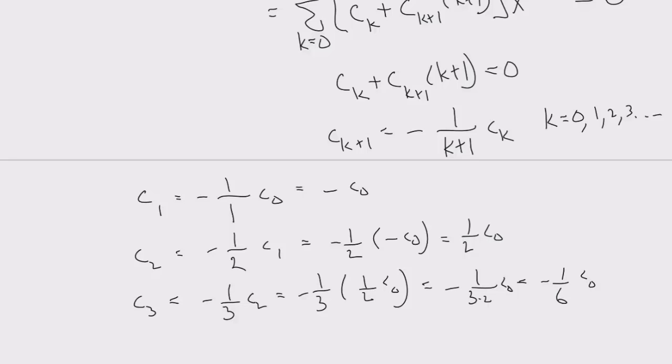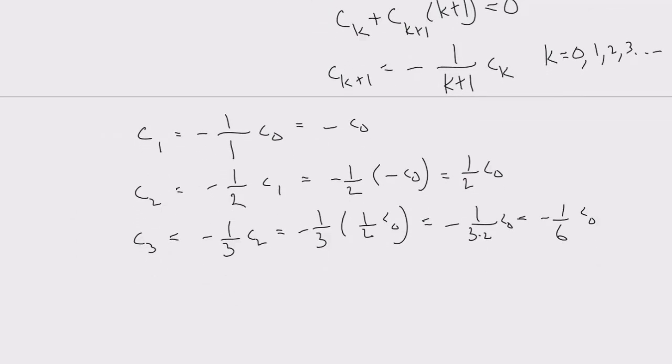We're going to try to recognize a pattern here, so maybe keeping it in factored form might be the better choice. Let's do one more, why not? c sub 4 is negative 1/4 c3, which is negative 1/4 times negative 1/3 times 2 c0.